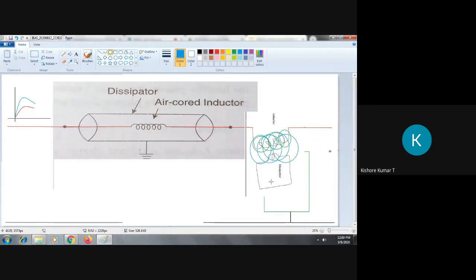That means the energy is wasted. When is it wasted? When the line potential is increased beyond the normal operating conditions.